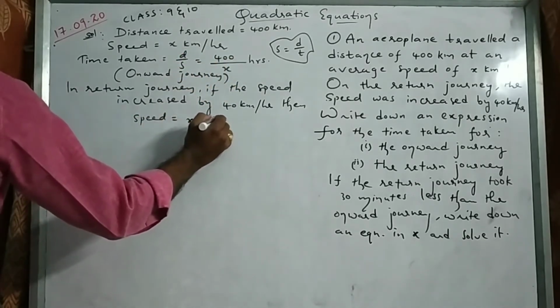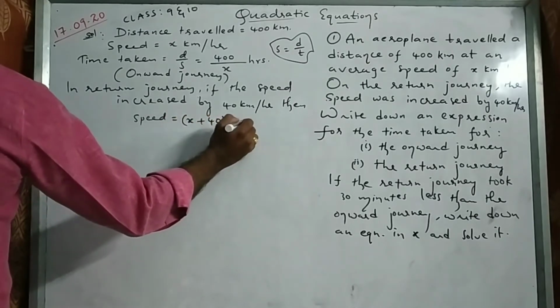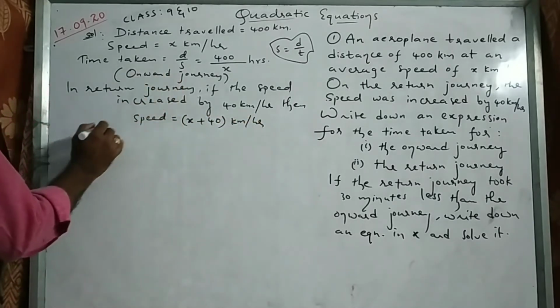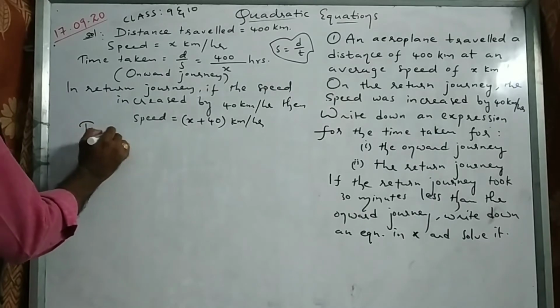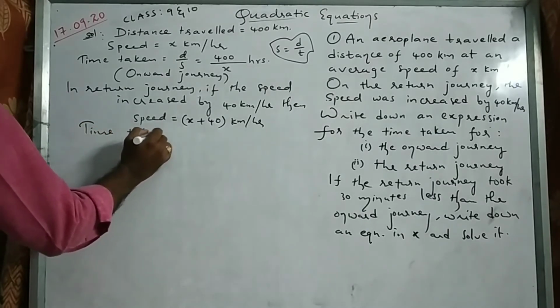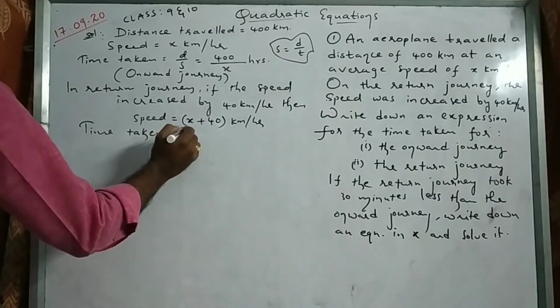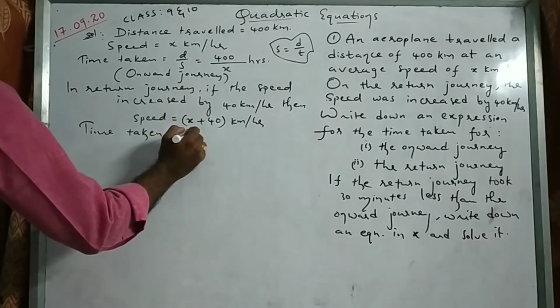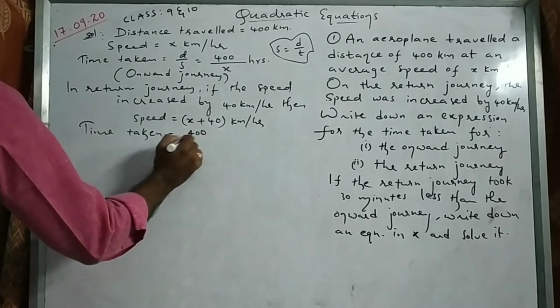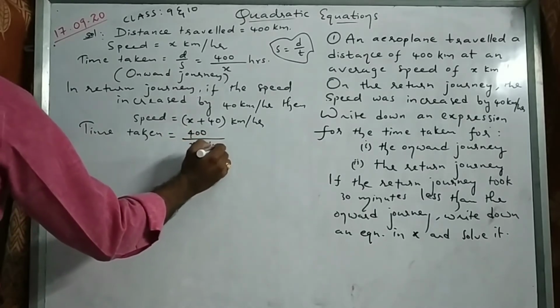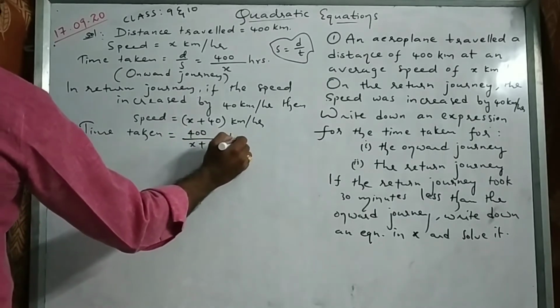Increased means plus 40 km per hour. Distance is the same, no change. Time taken is equal to distance by speed. What is the distance here? 400, no change, by x plus 40 hours.